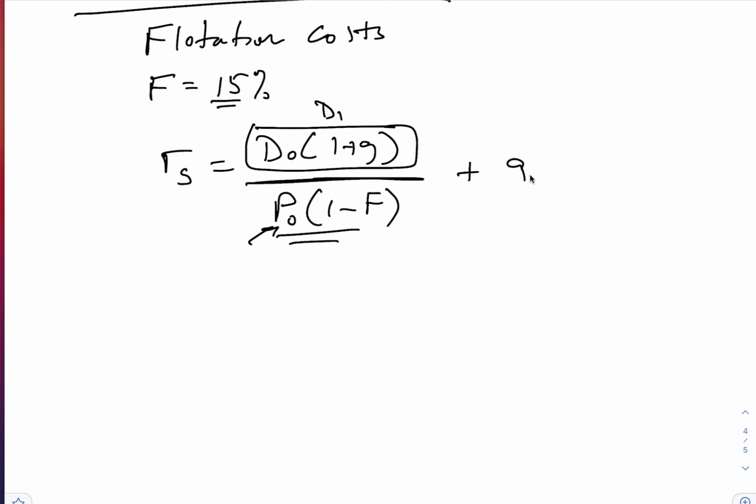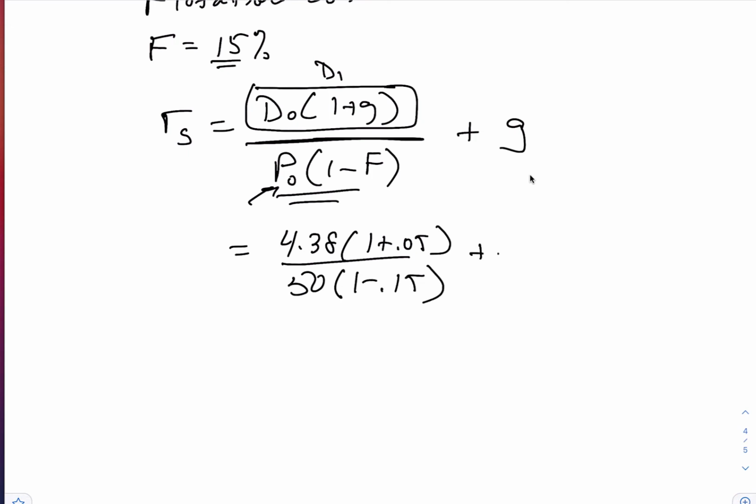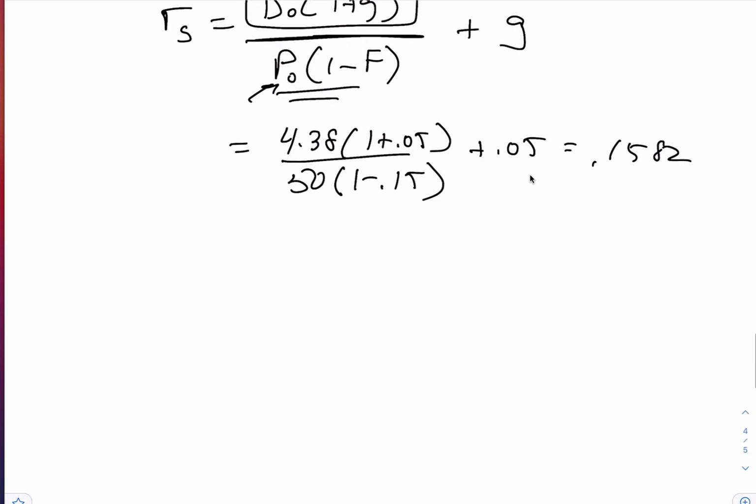So when we do the math, it's 4.38 times 1 plus 0.05, divided by the price of $50 that we use times 1 minus 0.15, plus the 0.05 growth rate. And that comes out to be 15.82%.